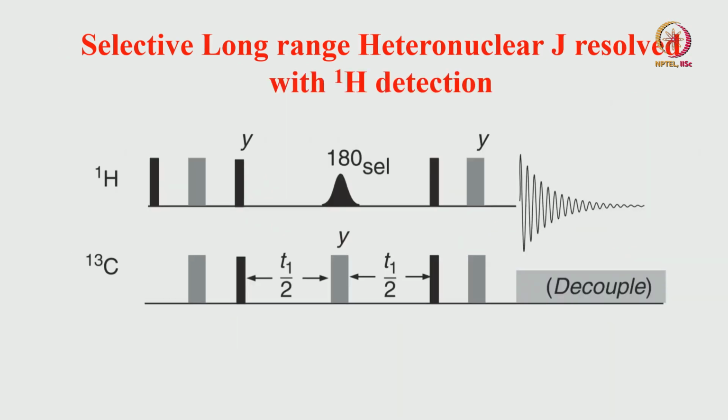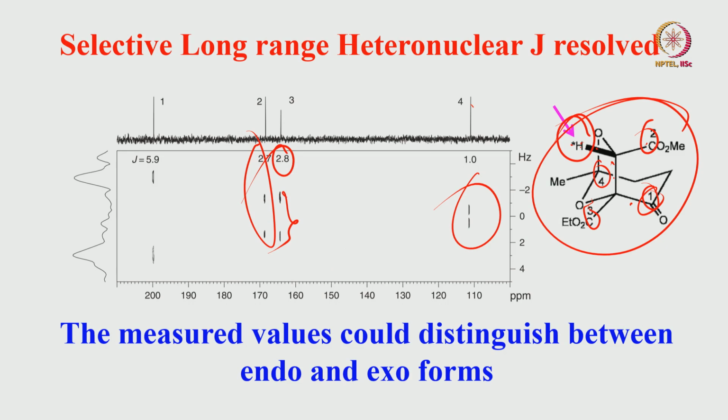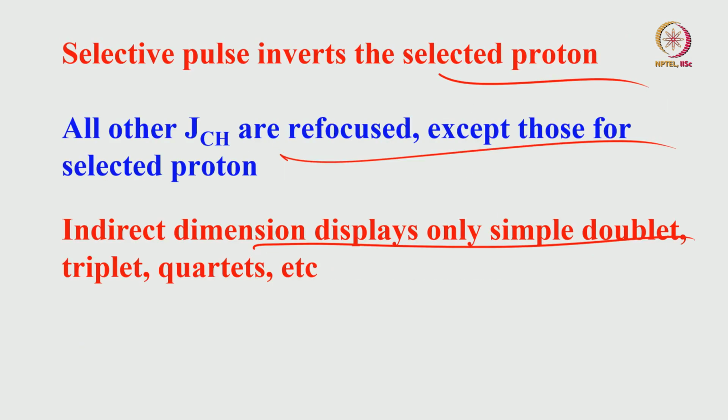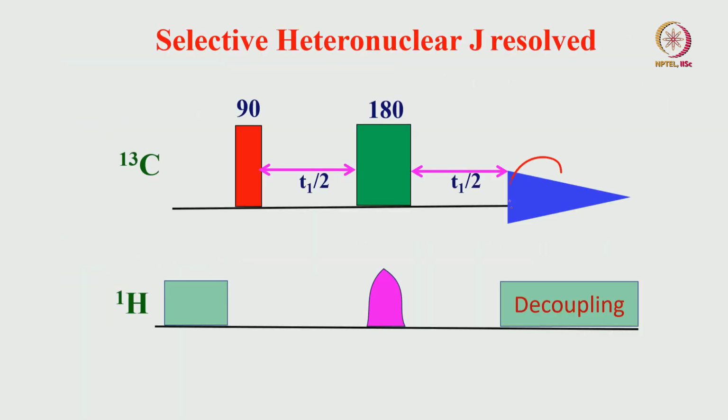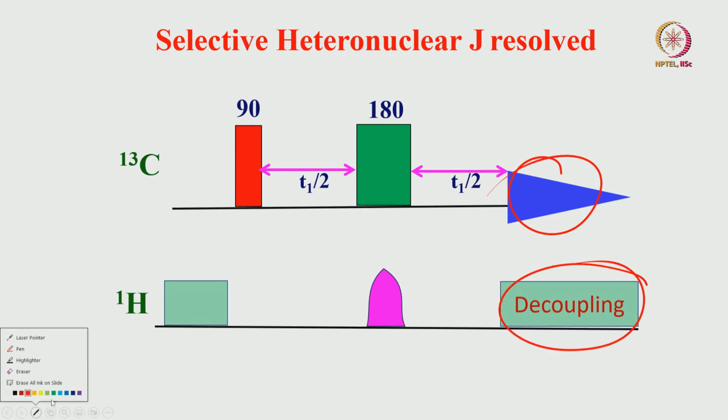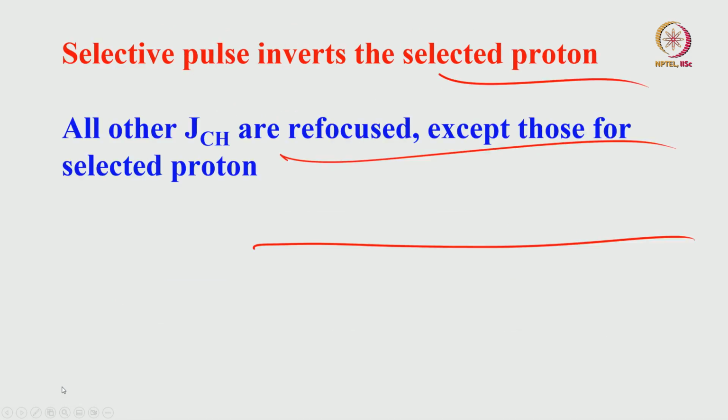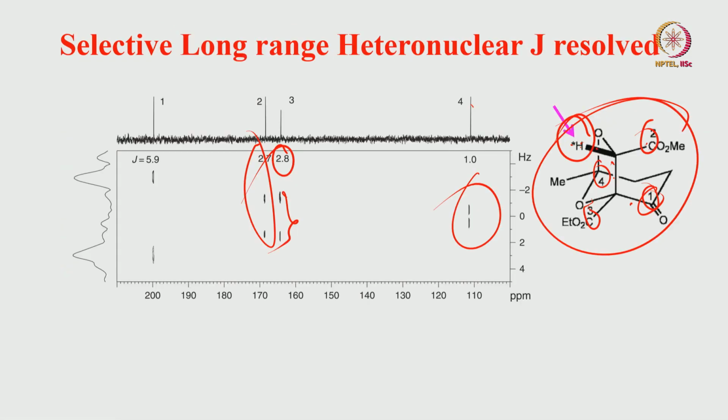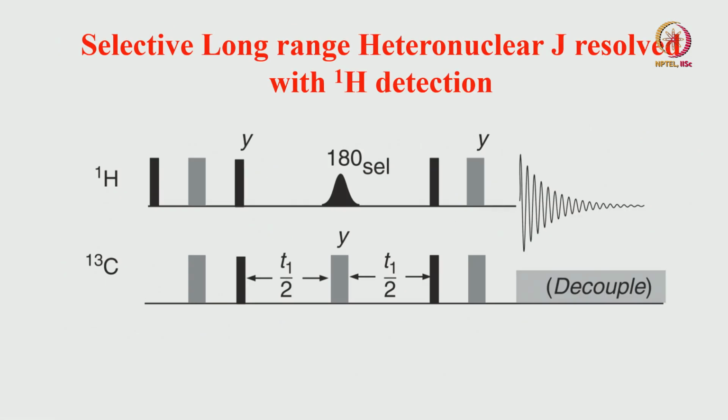The selective long range heteronuclear coupling experiment can also be done with proton detection. But remember, in this experiment what did we do? Here we are detecting carbon, decoupling proton. Always I told you detection of a heteronuclear dilute spin like carbon 13 is very time consuming.